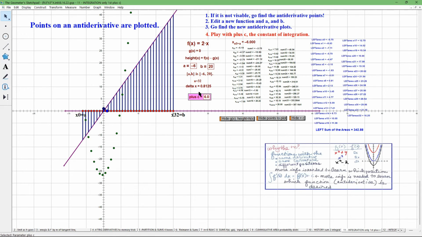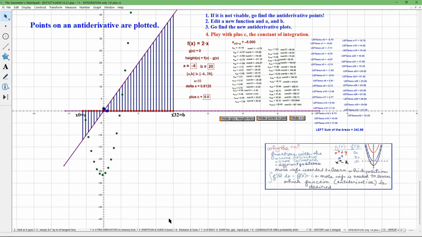You knew that. If the function's not visible, go find the antiderivative's points. Edit a new function and go to the new antiderivative's points. So this permits you to take the antiderivative of whatever function you wish.